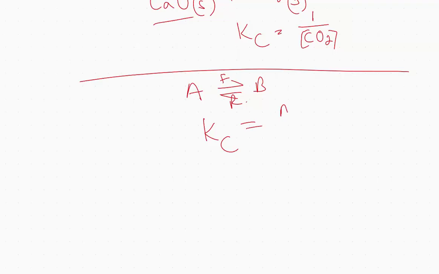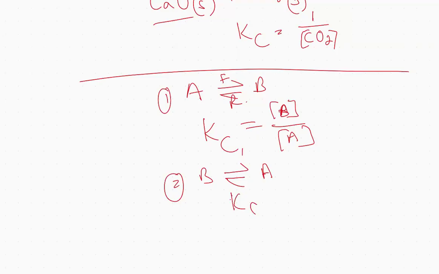Then if the same reaction is written the other way, because I start with B and go to A, I will write this one Kc1, the first reaction, and this is the second, just to distinguish them. Kc2 would be written as A over B. Now A becomes the product and B becomes the reactant, because we always go from left to right. That's the standard we use here.